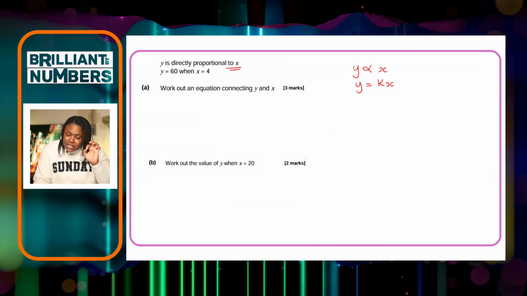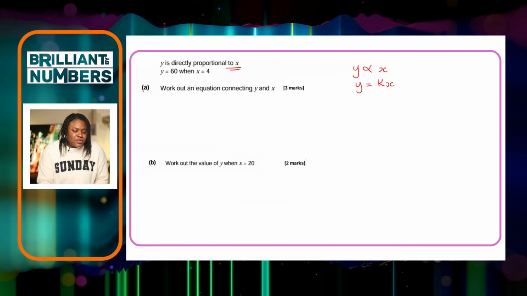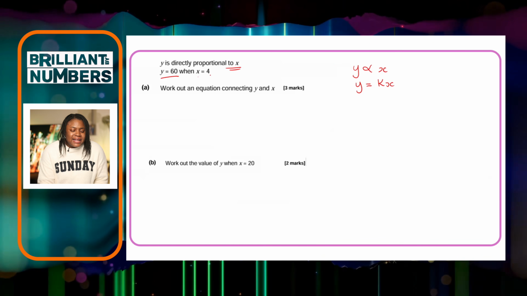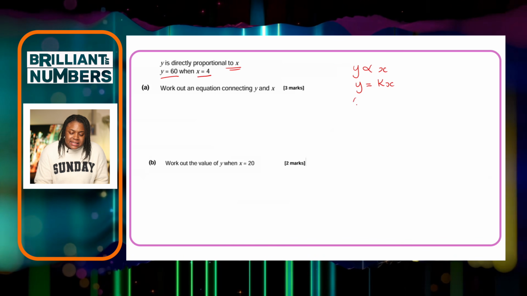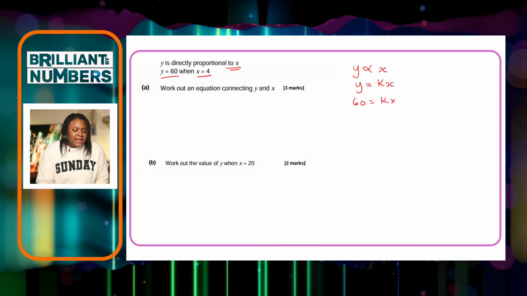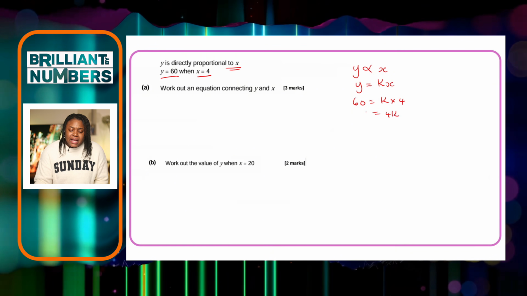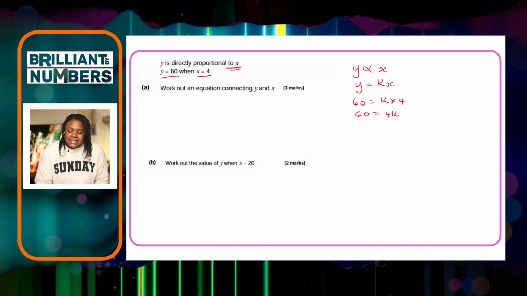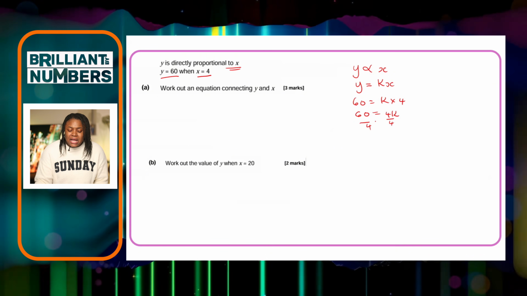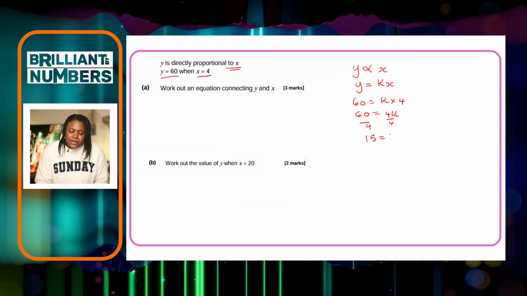The first thing to do here, guys, is to work out what k is by substituting the values for y and x. So y is 60 and k times x, and x is 4. So 4 times k is 4k, and that's equal to 60. Dividing by 4 on both sides, we get 60 divided by 4 is 15, equal to k.